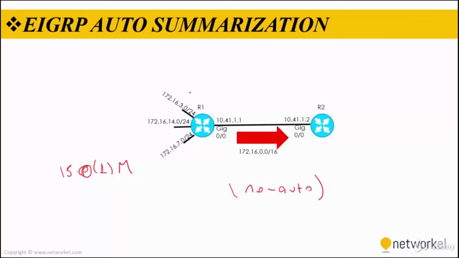As you can see that we have 3 separate routes, and we are summarizing these 3 separate routes with just one route on router 1.